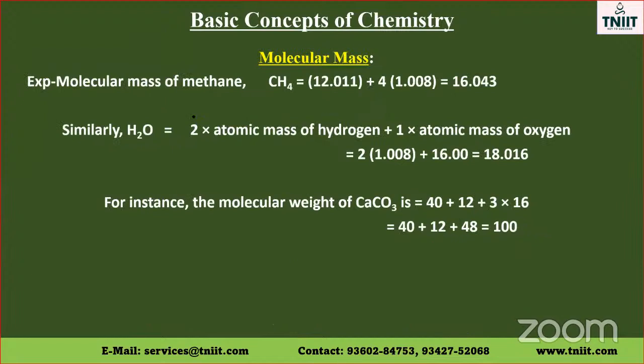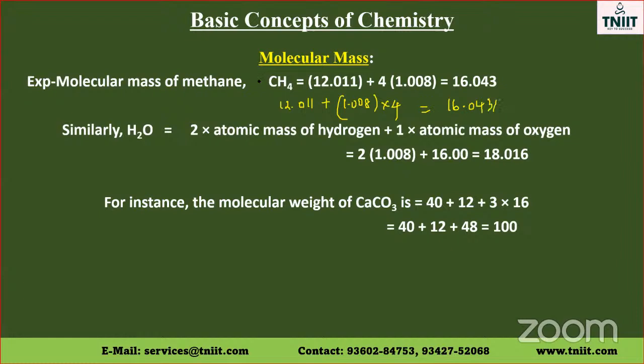Now, as an example, molecular mass of methane. Carbon is 12 atomic mass, and they've given the atomic mass here as 12.008. And since we have 4 hydrogen, we have to multiply it by 4 and then add it. So 16.043.